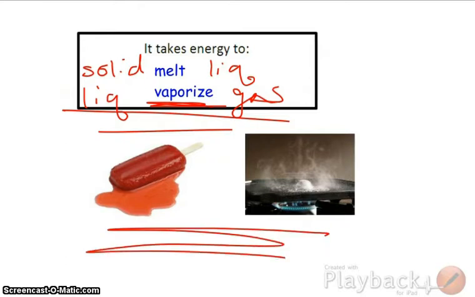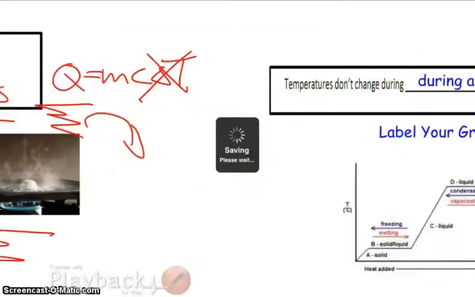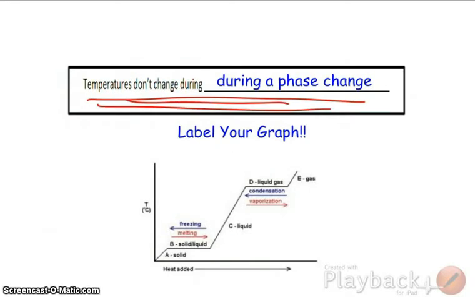So all that energy doesn't go into changing the temperature. Alright, Q equals mcΔT. It doesn't go into changing the temperature. That heat energy goes into the phase change. So temperature doesn't change during the phase change.